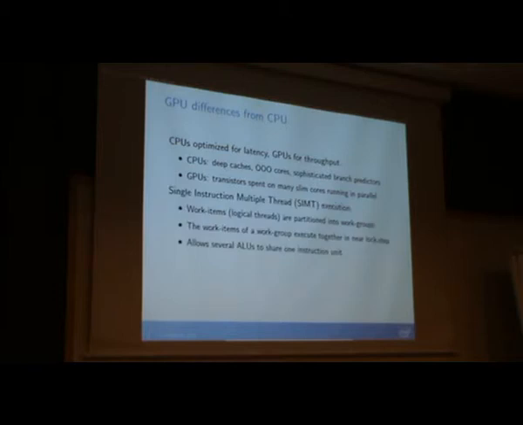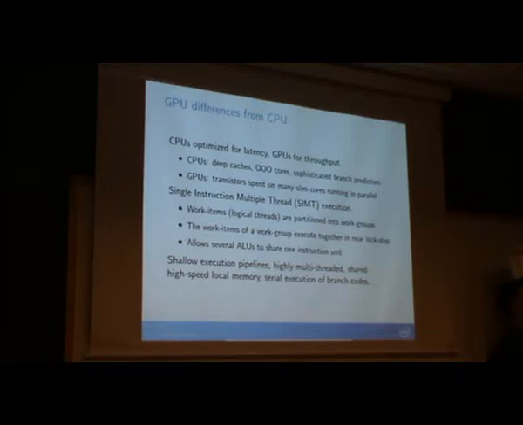And they have this single instruction, multiple thread execution model where all the work items in a particular work group execute in lockstep. Also there are some other differences, like they have a very shallow pipeline, and they don't do well on branches. Because of all these differences, programming GPUs is a challenging job.